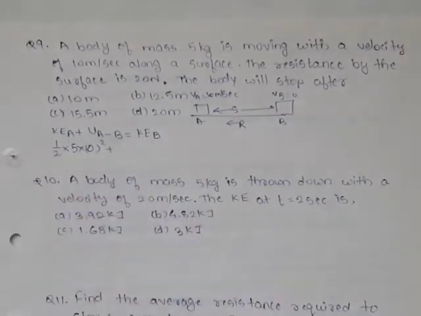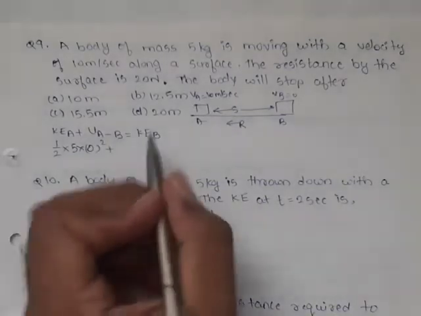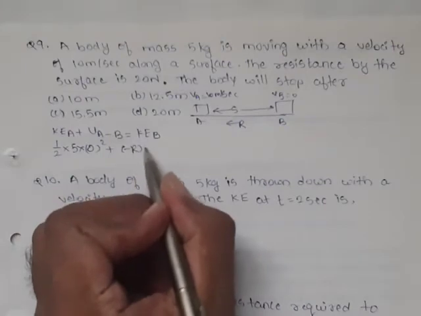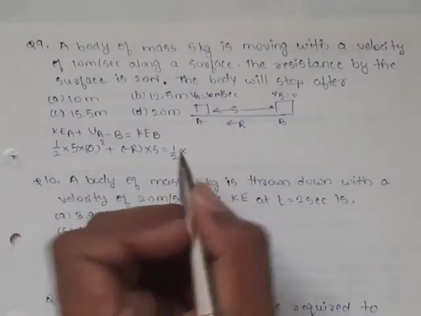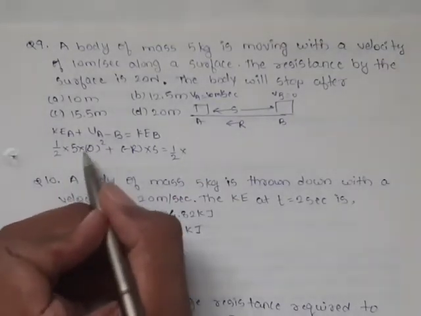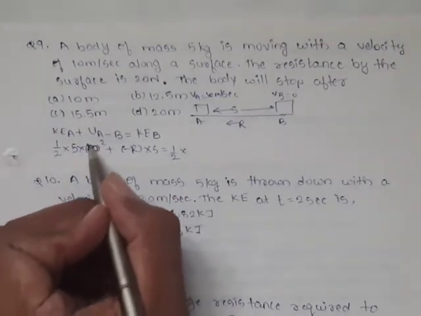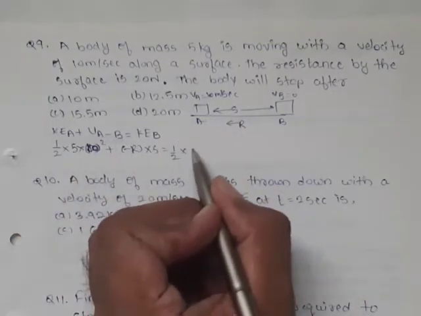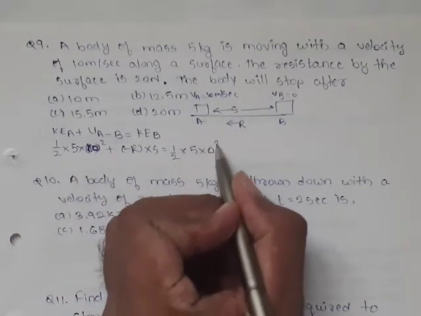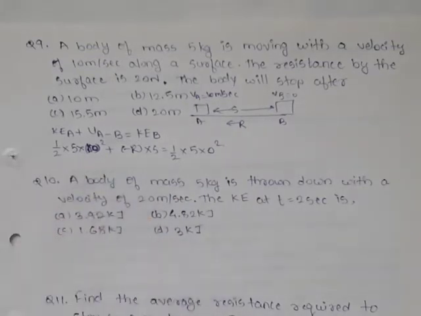Work done is negative because it is a resisting force, that is minus R into S, equal to the final kinetic energy, and finally the velocity at B is equal to 0.